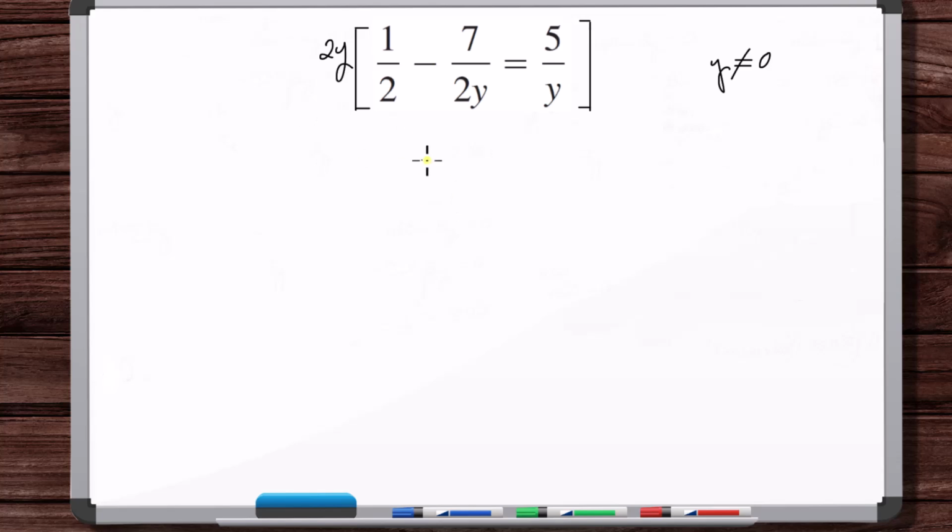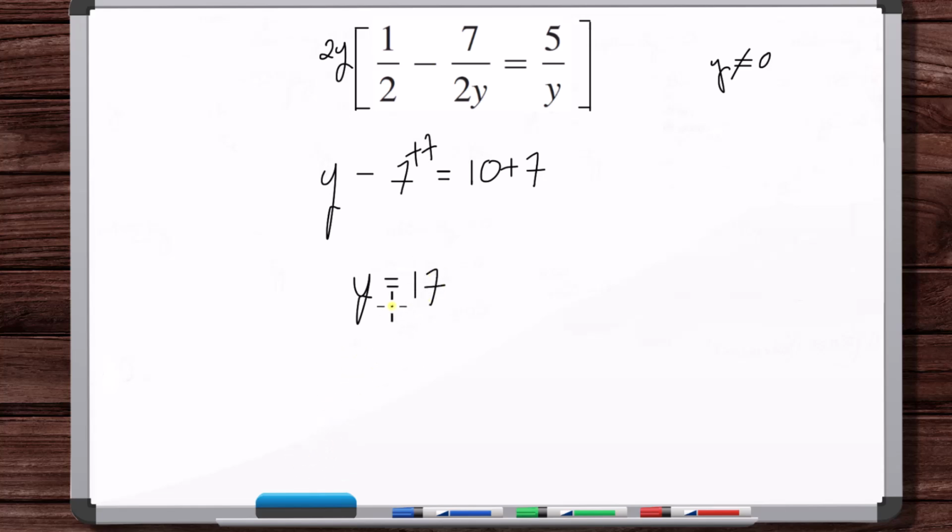Okay, now let's clear the fractions. So we get y minus 7 is equal to, then 2 times 5 is 10, and now we're left with just a linear equation in one variable. So let's add 7 to both sides. Okay, y is equal to 17.